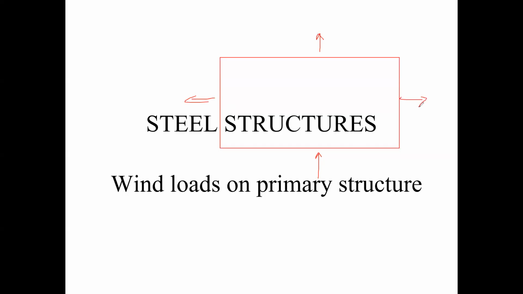The reason why you don't worry about the internal forces is because this one tends to cancel that one, and that one tends to cancel that one. Since these cancel each other, when you add these together, you only have to worry about the forces acting on the exterior of your structure.